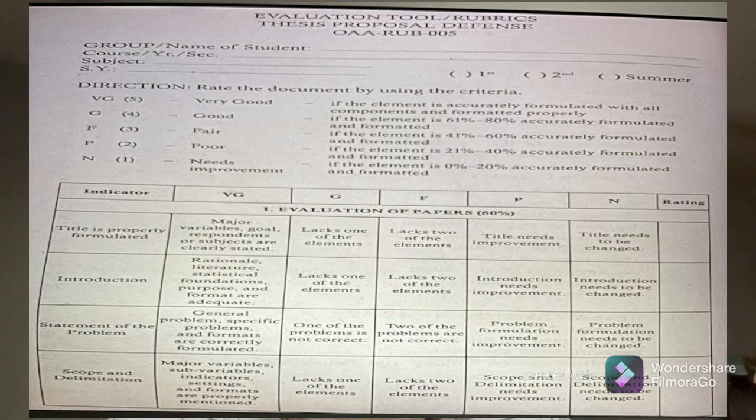Then the direction must be clear, then the name of the participant or the group, and important profile details, if there is a leader or sub-leader, or section. You can use that.